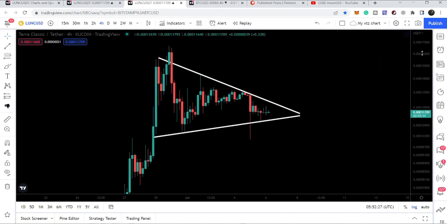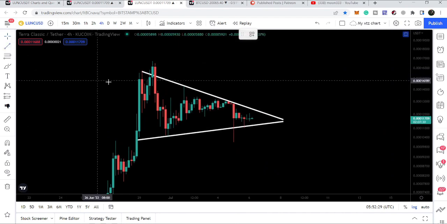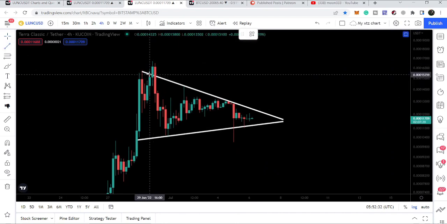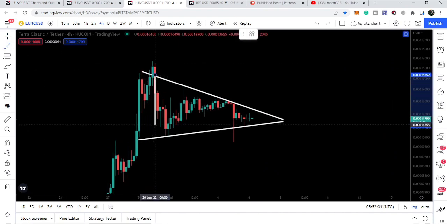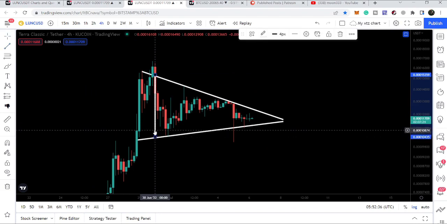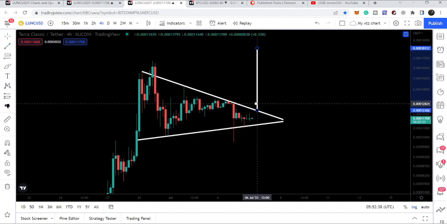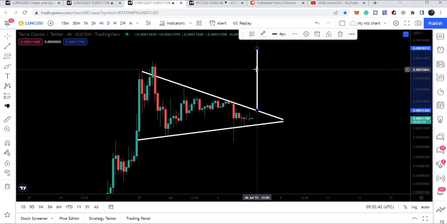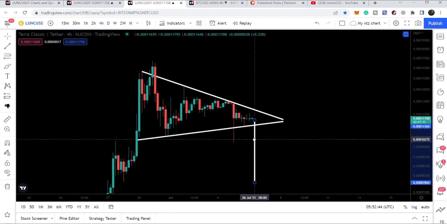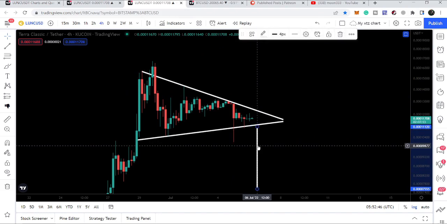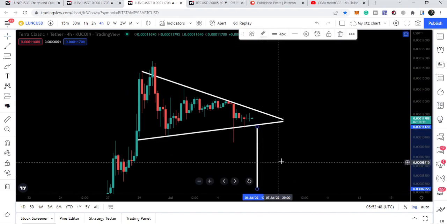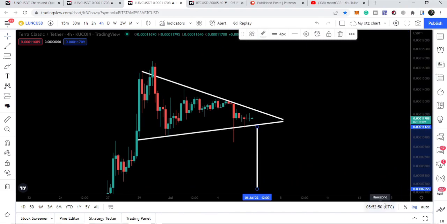Now, for example, if Terra Classic breaks out this triangle, then conservatively our target to the upside can be here at 0.0018. And if it breaks down the support, then we can move down again to 0.0007555. That will be quite far down from here.